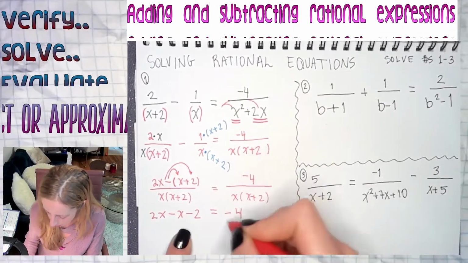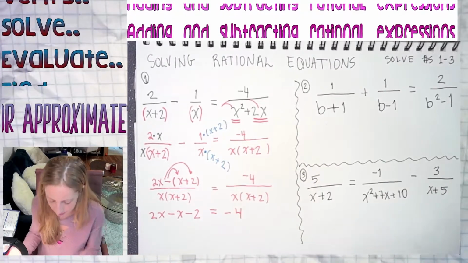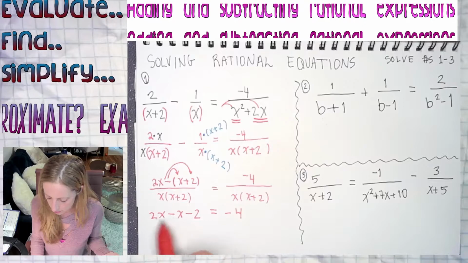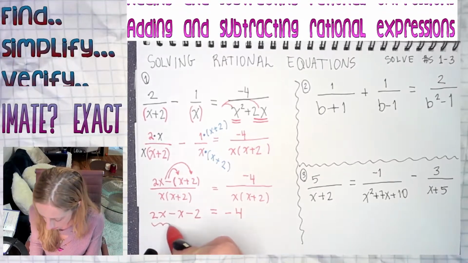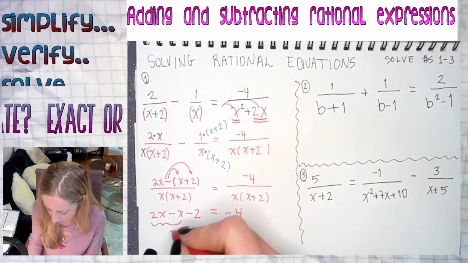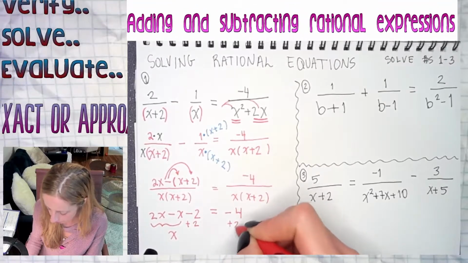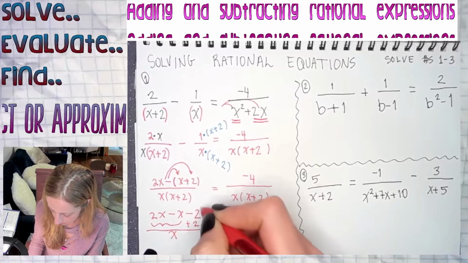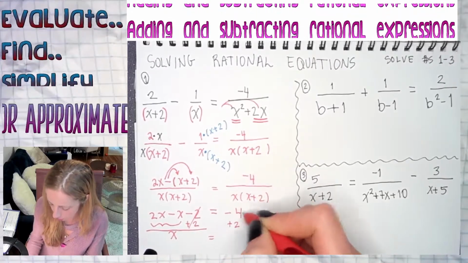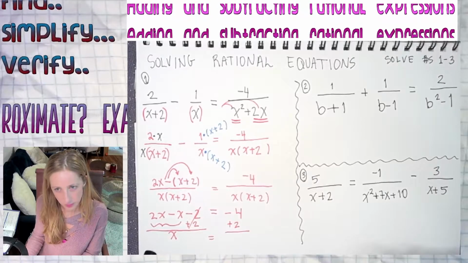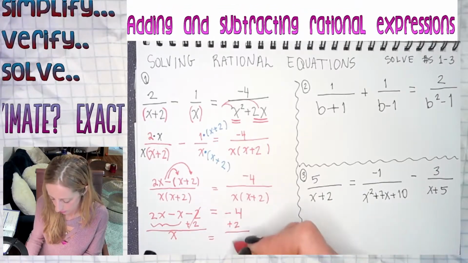So there, negative. I distributed that minus, and now we're almost done, guys. What's 2x minus x? X. That's just x. And let's add 2 to both sides. What's negative 4 plus 2? -2.